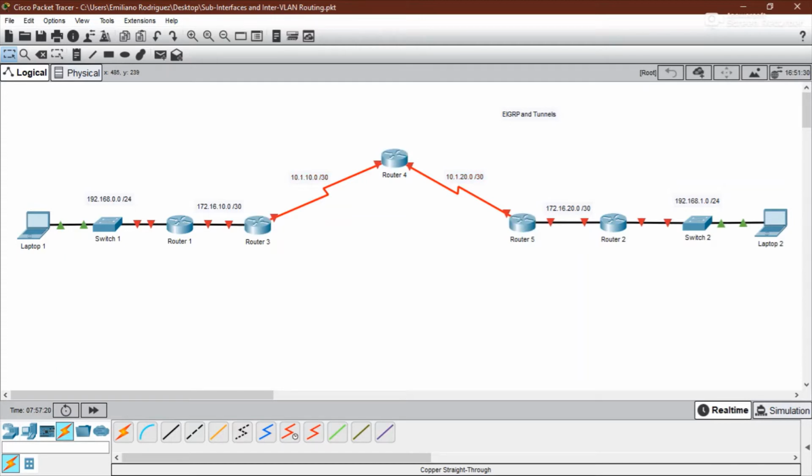We will have to build a tunnel from router 3 to router 5 and use EIGRP over the tunnel in order to send traffic from one local area network to the other local area network.